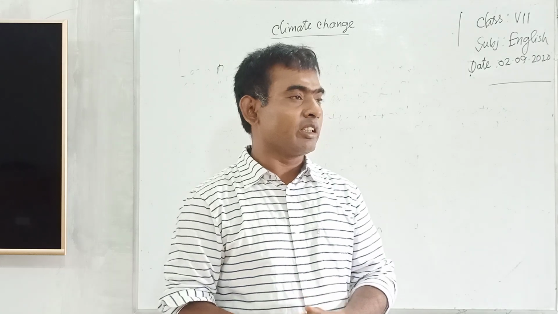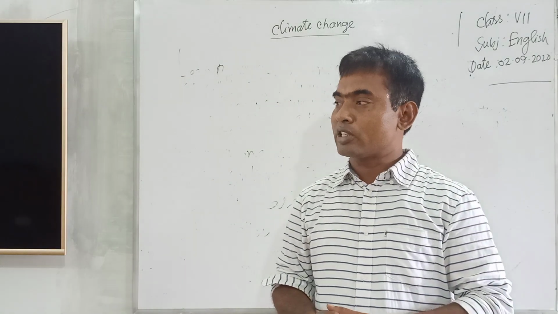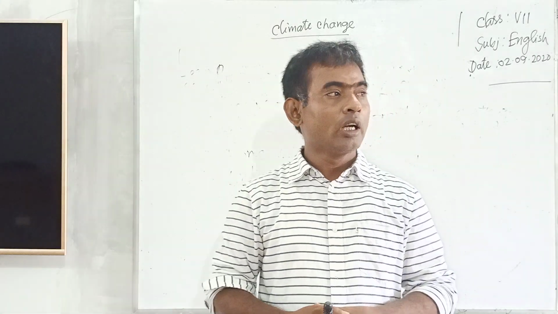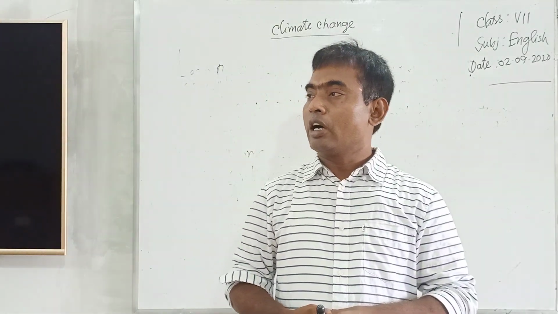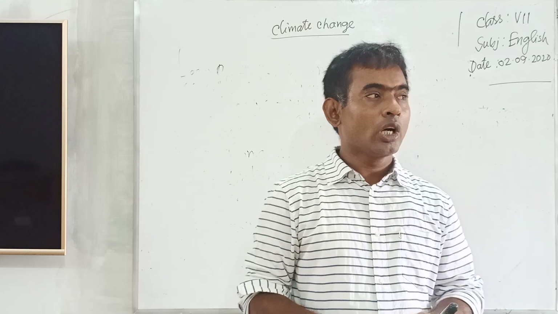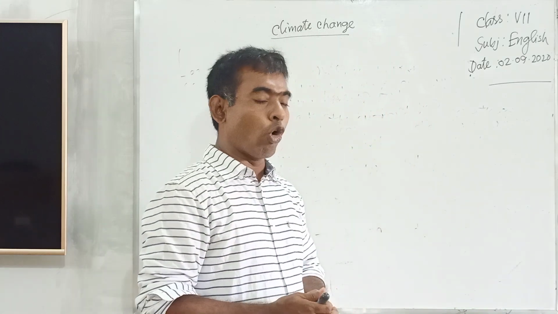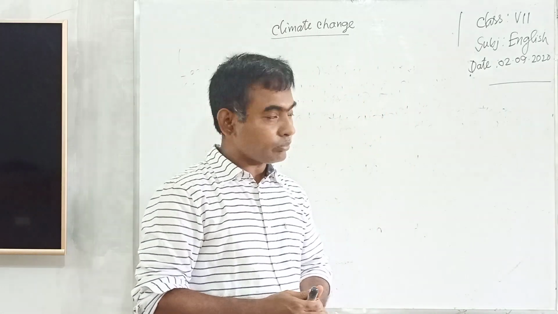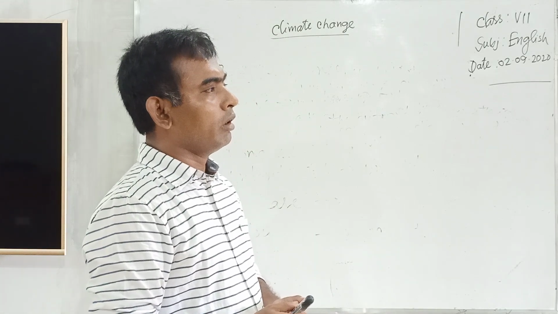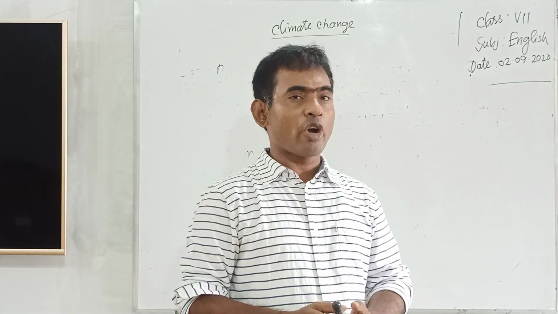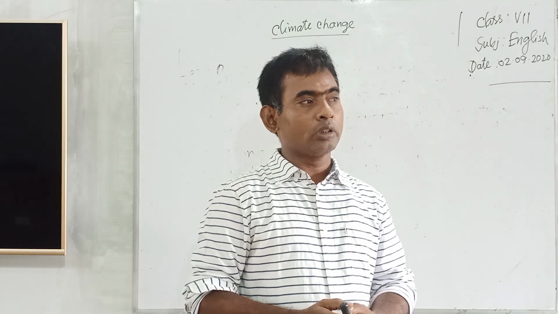So all of us should try to minimize the concentration of carbon dioxide by not using fossil fuels. We can use bicycles, and we have to shake off the old vehicles which are more than 20 years old, and in this way we can reduce the carbon dioxide in the atmosphere.